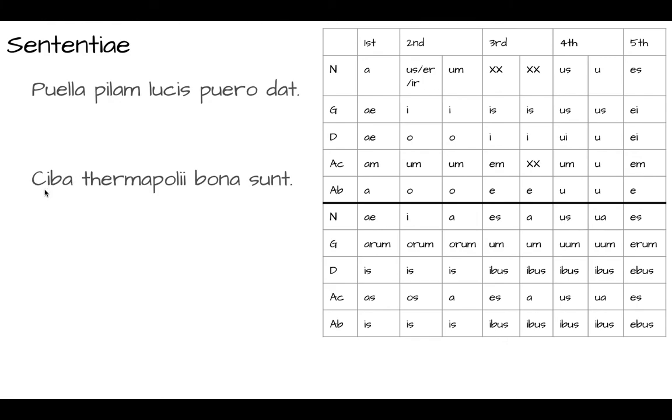So cibaria, nominativus. Sunt is a form of the verb to be, right? And it is plural, so it makes sense for cibaria. So are, and then bona, from bonus, bona, bonum. It would make sense for this a to be nominative plural, because cibaria is neuter, so bona can also be neuter. So I'm just saying that the foods are good.